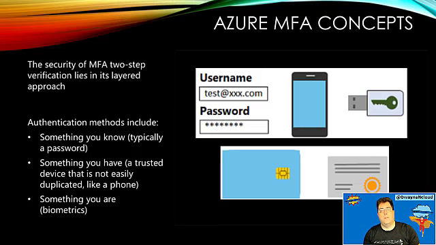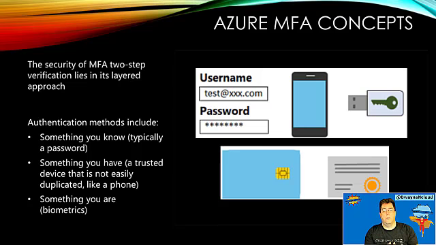Something you have is probably what we use more often than not with multi-factor authentication. We use the authenticator apps on our phones, or we are texted an authentication code, an authorization code. That is done in real time when you provide your password.